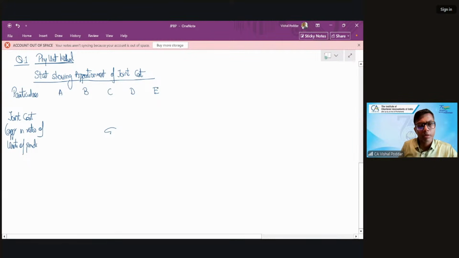Now, in this question, the joint cost is not available ready-made. So we will just calculate the joint cost here. I'm already given the answer of this joint cost by Medha. I'm sure others would have also by now calculated this joint cost. Correct?